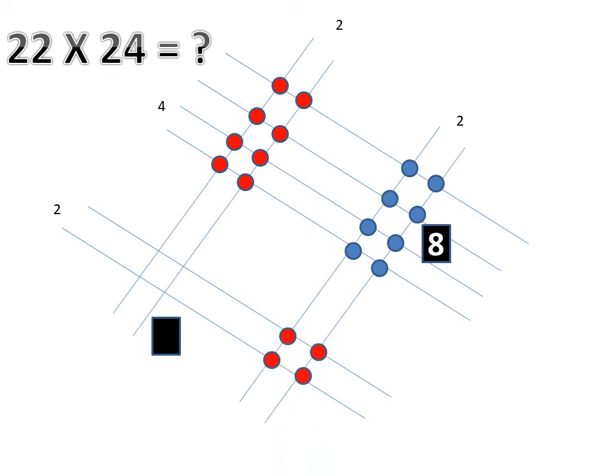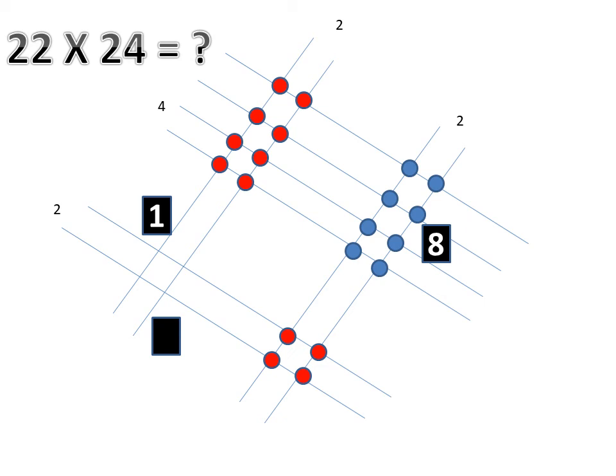Now, counting all the intersections we have, we actually have 12 intersections for our middle column. But I'm going to write 12 this way. The first digit of the number 12, which is 1, must be written as a carryover for the first column.